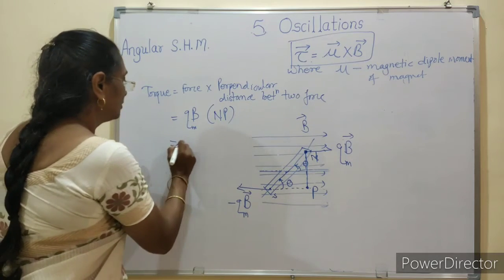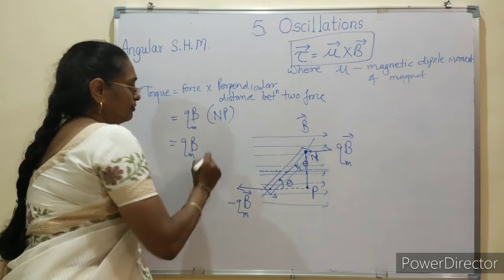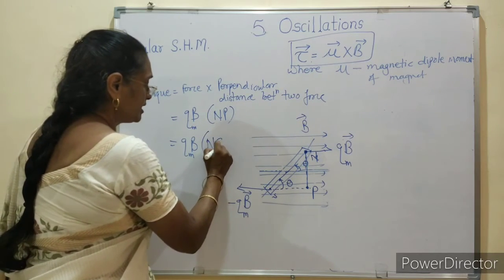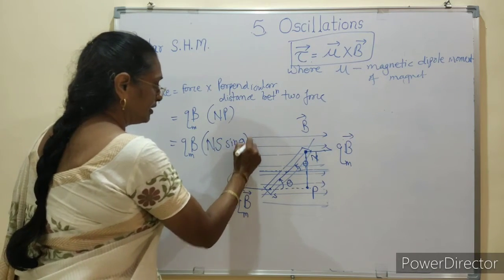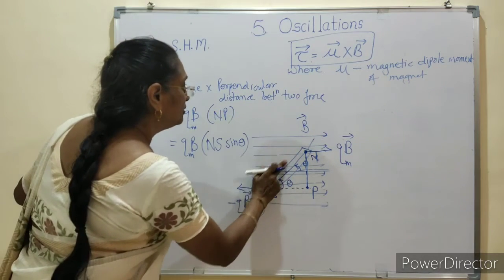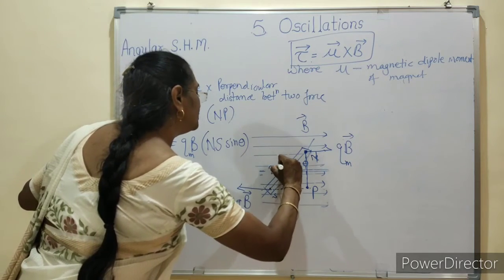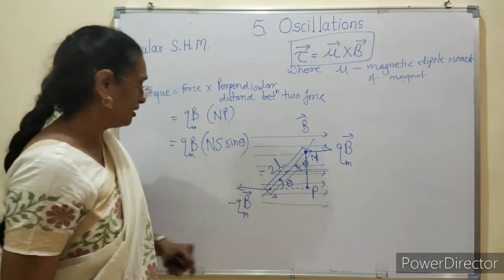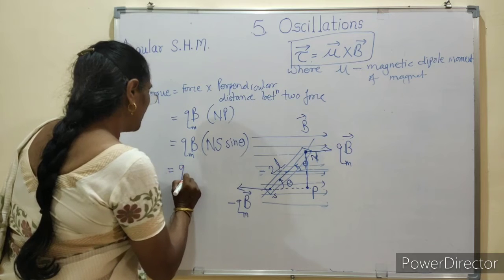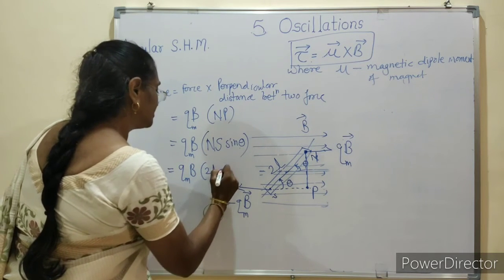From figure, NP is equal to NS sin theta. Usually this distance NS in case of a bar magnet is denoted by twice L, always.